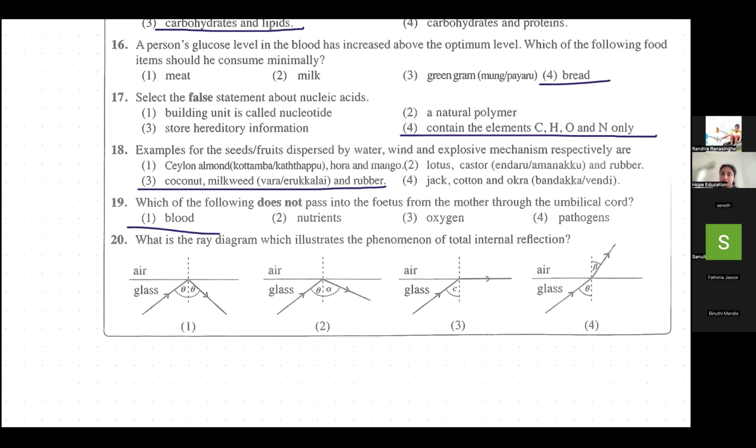Here it is just a refraction. When going from glass to air, the ray refracts away from the normal. It is the first answer, because when total internal reflection happens, the angle of incidence is equal to the angle of reflection.